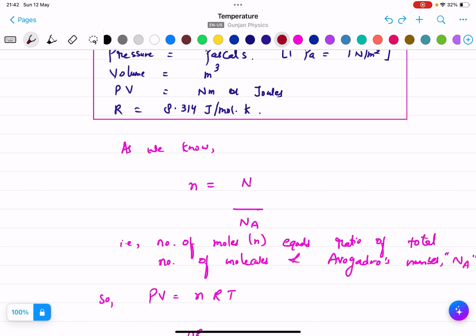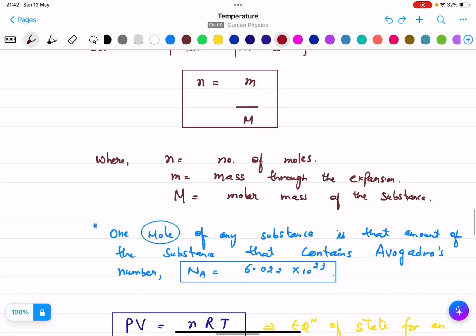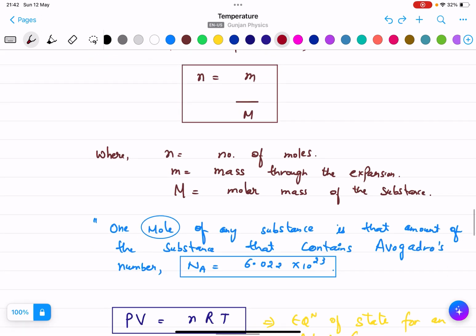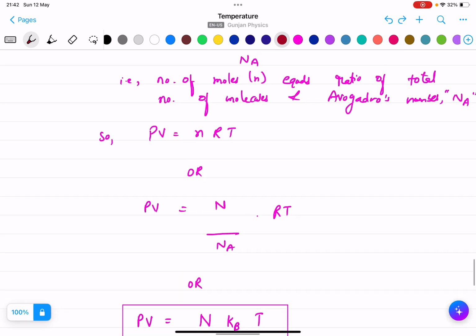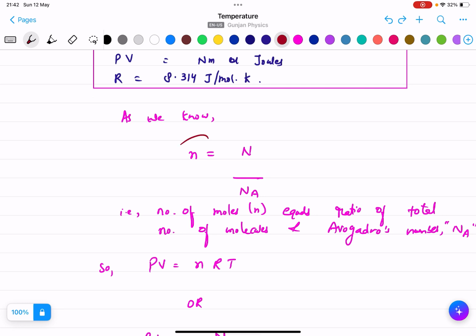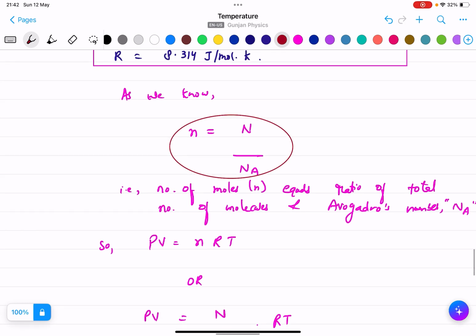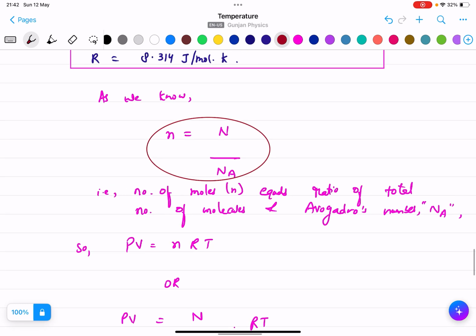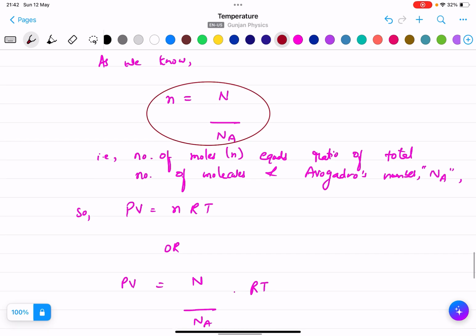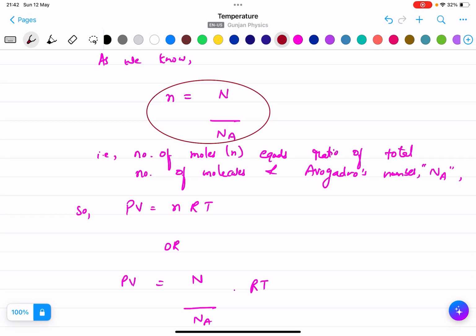Now, as we know, small n equals capital N over Na, which is the number of moles equals the ratio of the total number of molecules and Avogadro's number. This you need to remember. And we know that PV equals nRT.